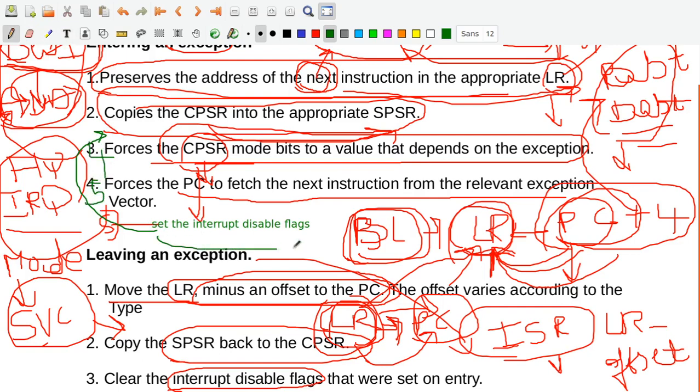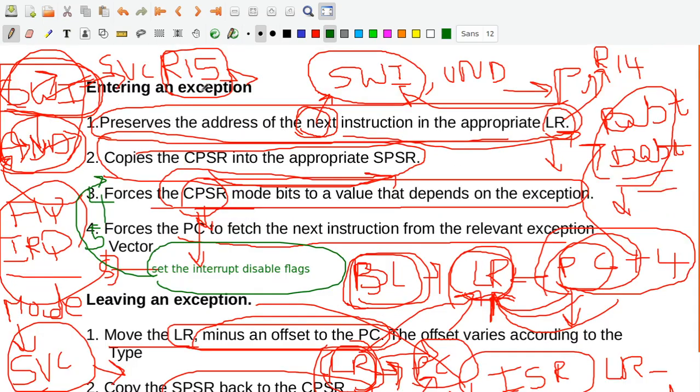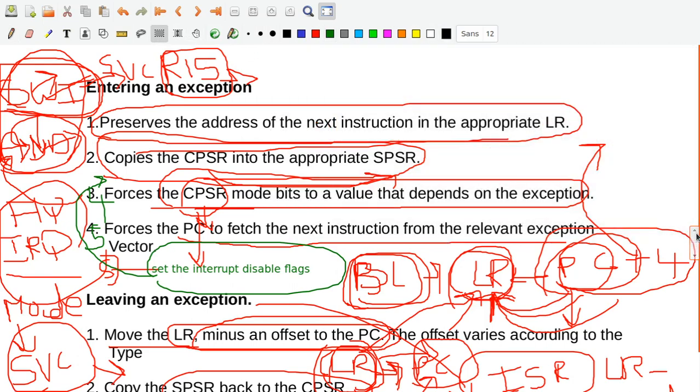Okay, set the interrupt disable flags and clear all those flags, because when you clear, what happens? What is cleared here? The I bit is cleared along with the F bit. When the I bit is set, you are disabling the interrupt request flag. When the F bit is set, you are disabling the FIQ flag.